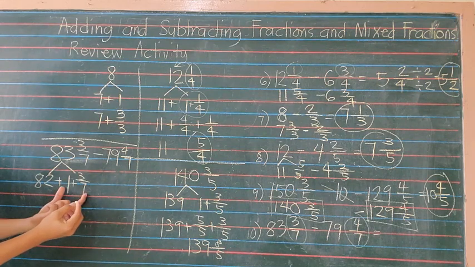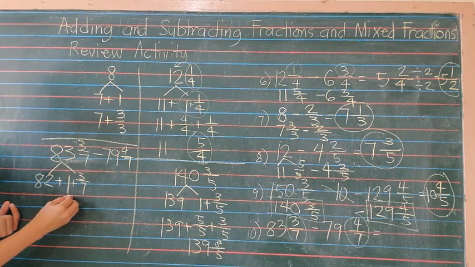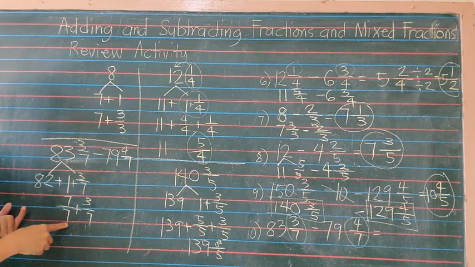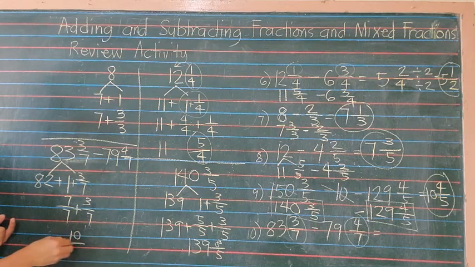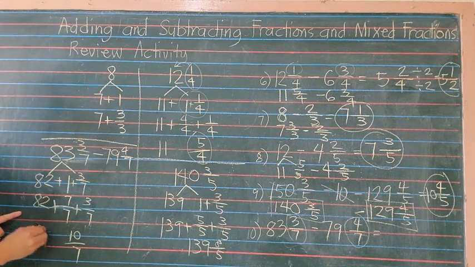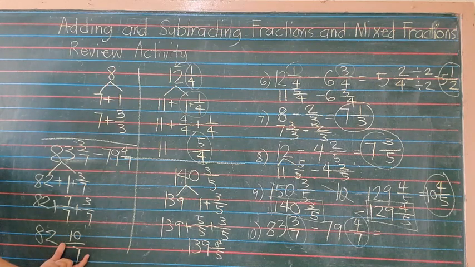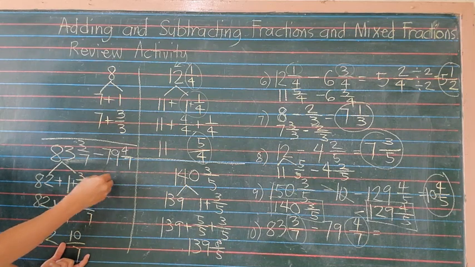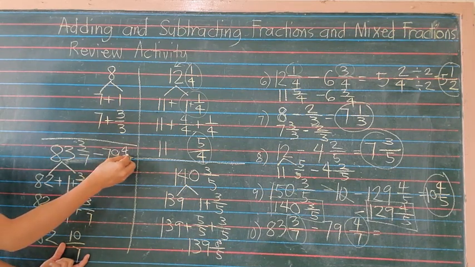Then here, this 1 here could be expressed as 7/7, that's 1, plus 3/7, so that will give you 10/7. Then copy 82 as our whole number. So now we have 82 and 10/7 to be subtracted by 79 and 4/7.